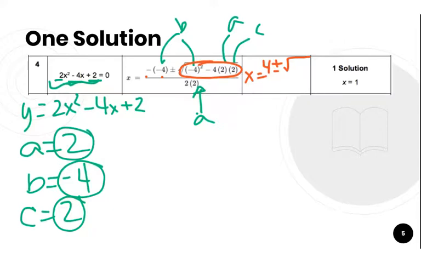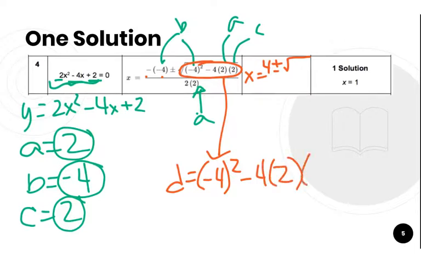I'm just going to do that down here so it's super clear. The discriminant is just what's inside. It's not the square root of it. It's just this part. And when I put that in my calculator, I get 0. So that is 0 divided by 2 times 2, which gives me 4.